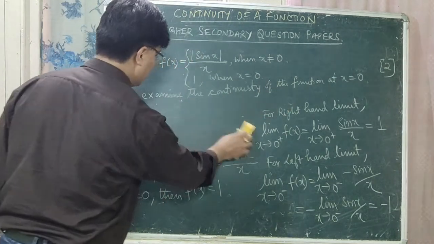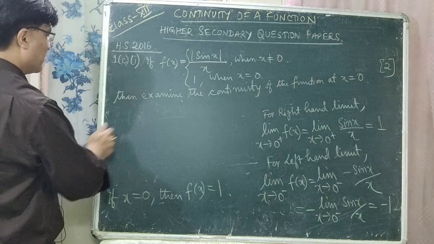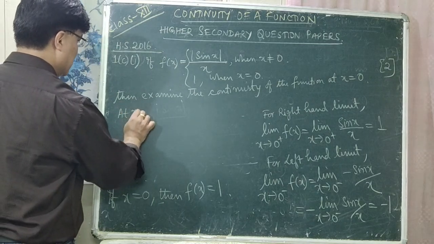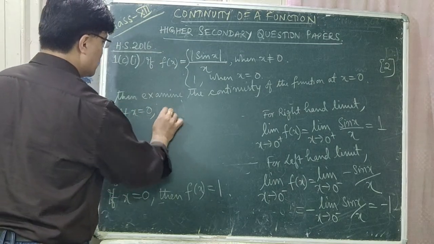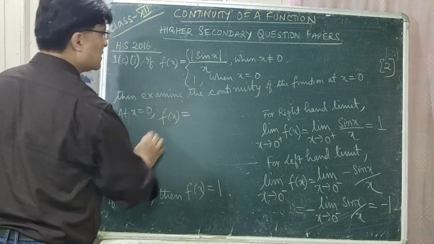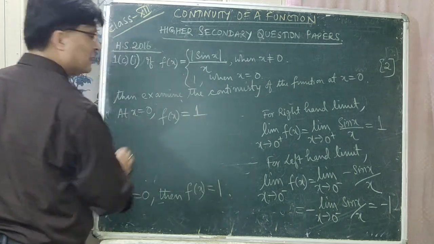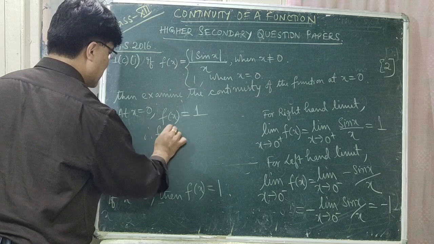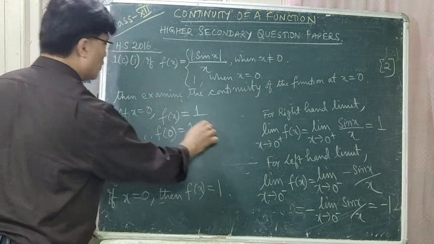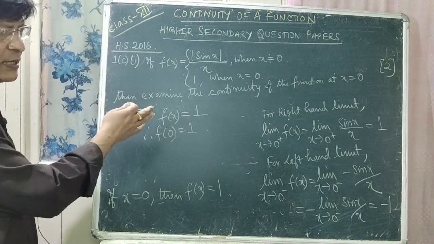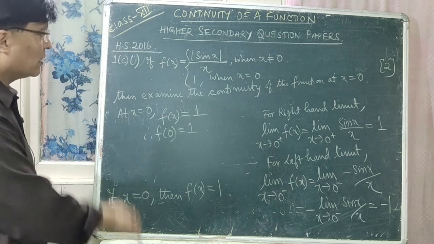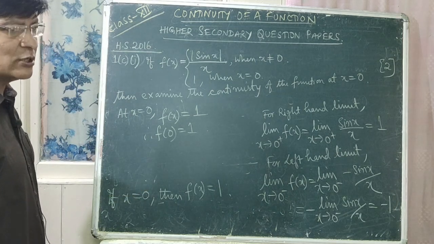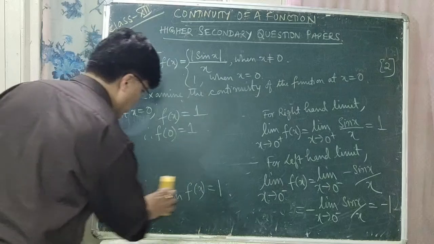Okay, so at x is equal to 0, what is the value for f of x? F of x is equal to 1, right? So that is f of 0 is equal to 1. But since right hand limit is not equal to left hand limit, the given function f of x is discontinuous at x is equal to 0, right?